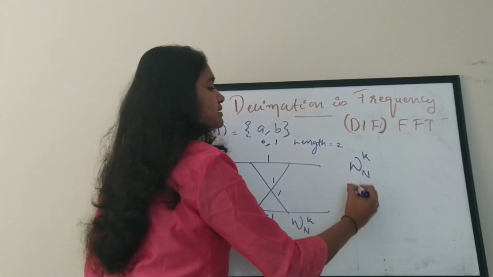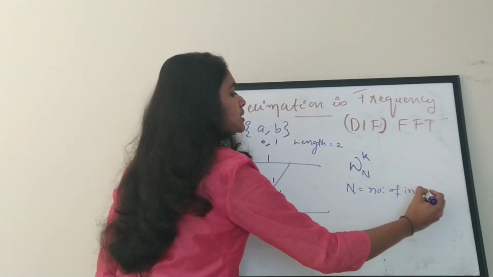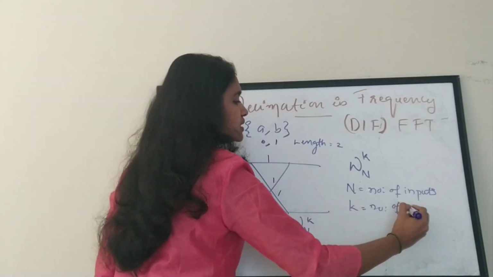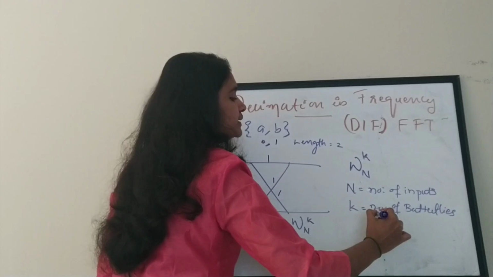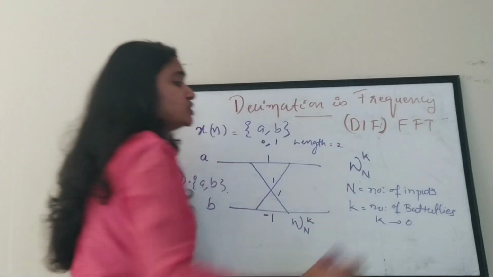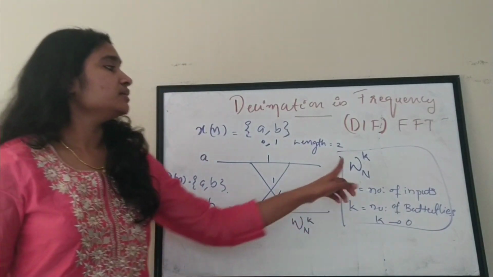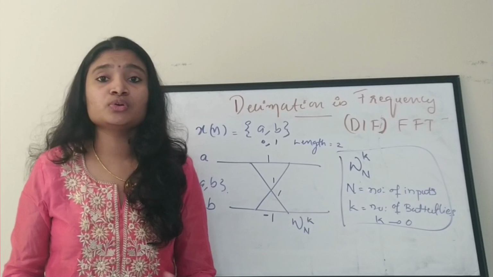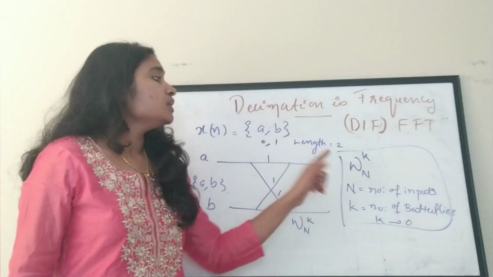Here N is the number of inputs and k is the number of butterflies, and k starts from 0. This you have to keep in mind. Here W_N raised to k is called the twiddle factor. If you don't know anything about the twiddle factor, just assume it as W_N raised to k.